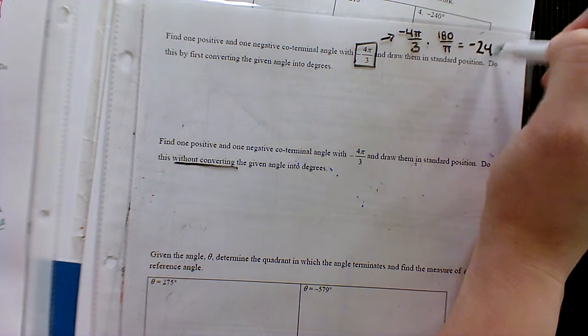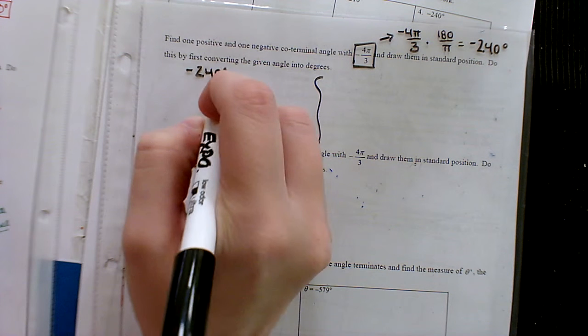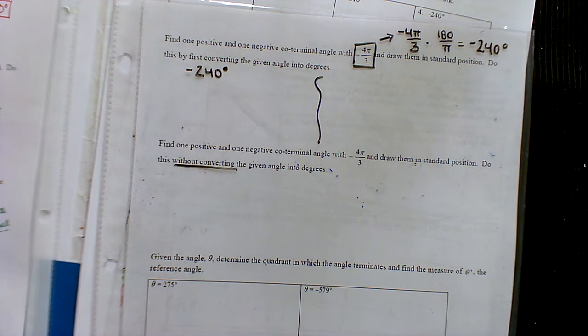What's our equivalent degree measurement? Negative 240. Negative 240, good. All right, so we're going to try to find one positive coterminal angle and one negative coterminal angle. Which one do we want to try to find first? Coterminal angles differ by some multiple of 360.